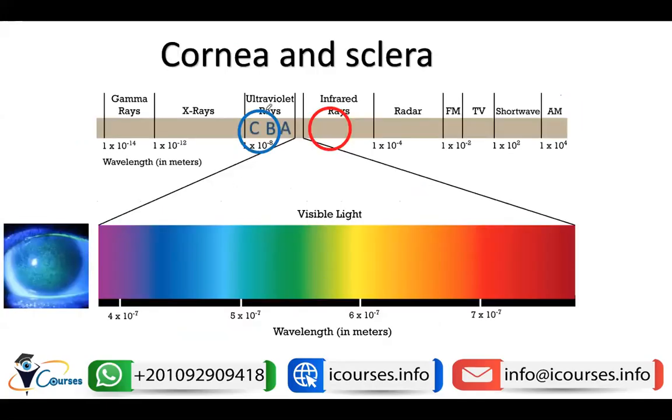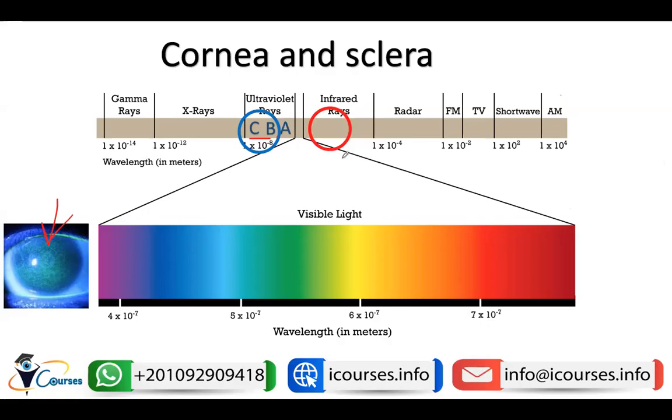The cornea and the sclera will normally absorb the ultraviolet rays B and C, not A and B. And the absorption of these ultraviolet rays will result in a phenomenon called photokeratitis or photophthalmia, which occurs in welders due to exposure to ultraviolet rays.